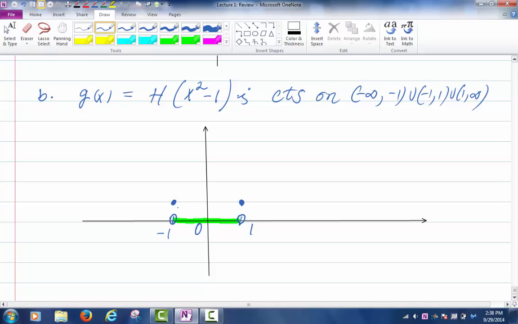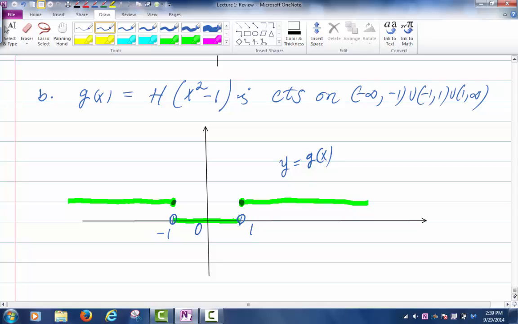In that case, the value of h is 1. So I know that the graph will be given by this here, including, of course, those two dots here. So this is the graph of g of x. And of course, it's discontinuous at -1 and 1.